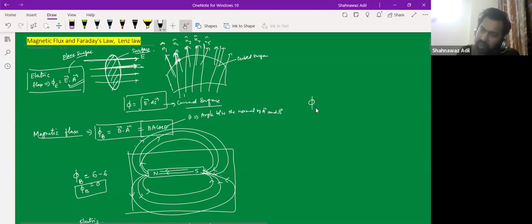So you have magnetic flux. This is dependent upon the magnetic field, the area of the cross section, and the theta. So all these combined form the magnetic flux, right?